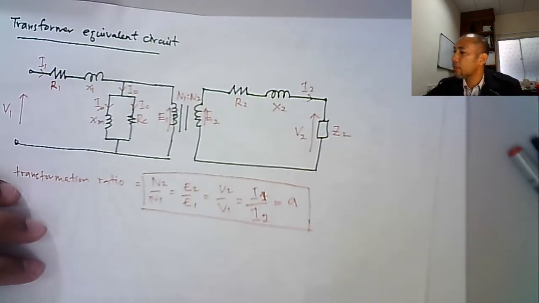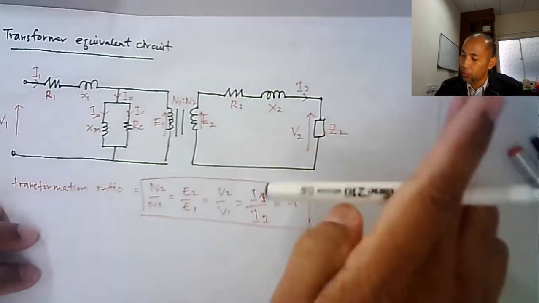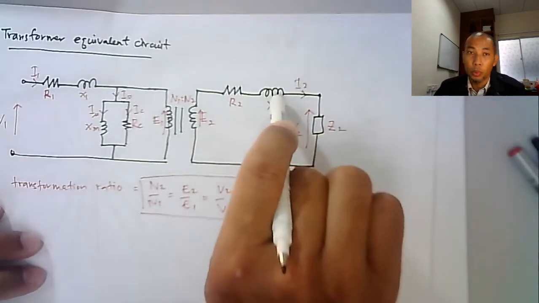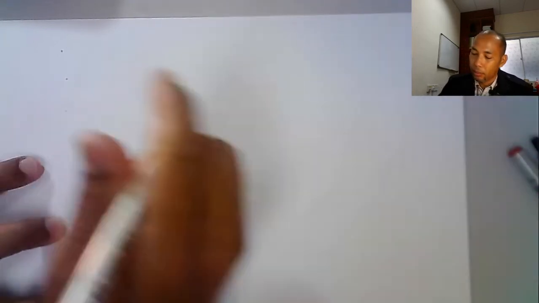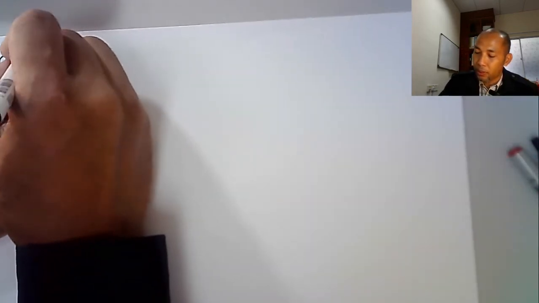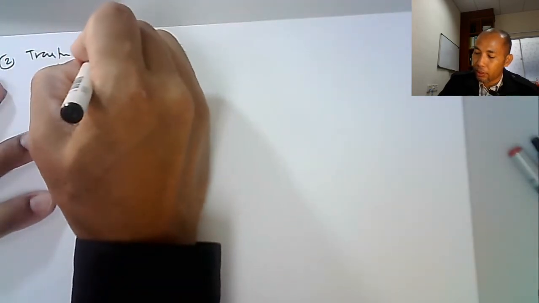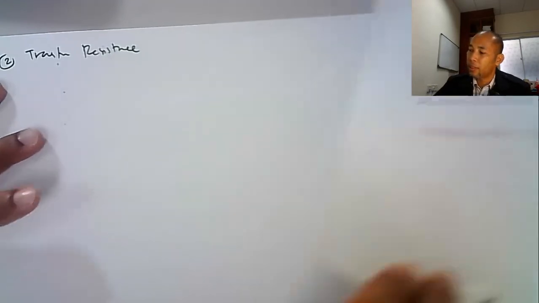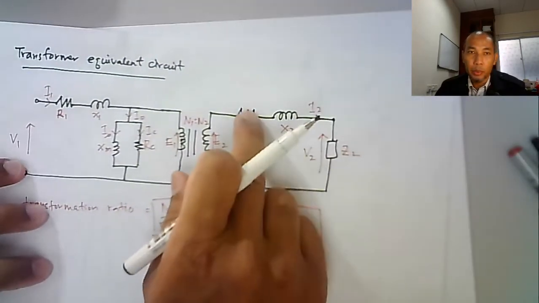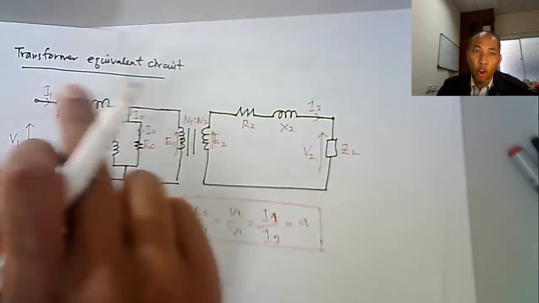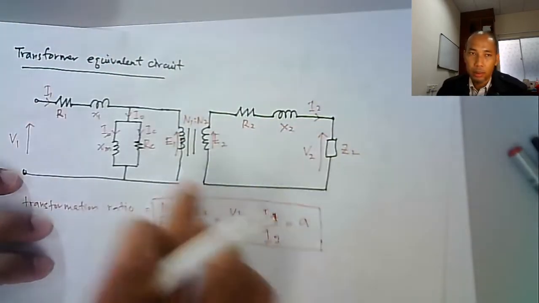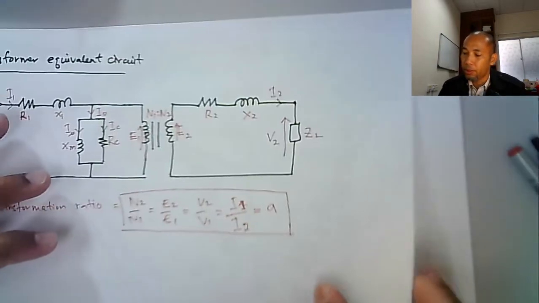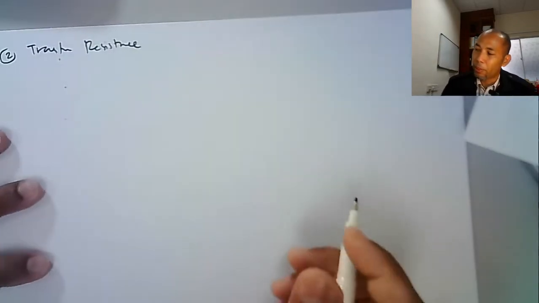Next we want to transfer R2 and X2. How to transfer the resistance? We want to transfer R2 to the primary, or R1 to the secondary. You can transfer primary to secondary or secondary to primary.